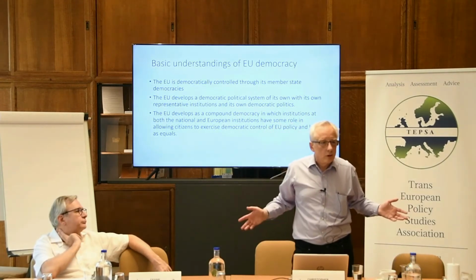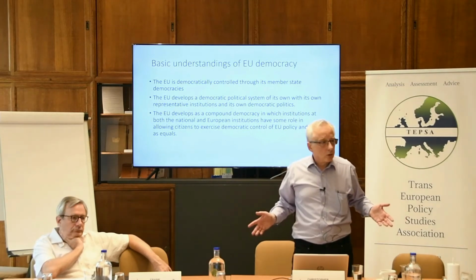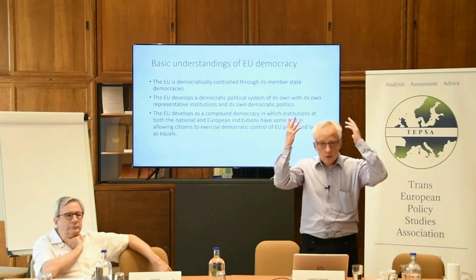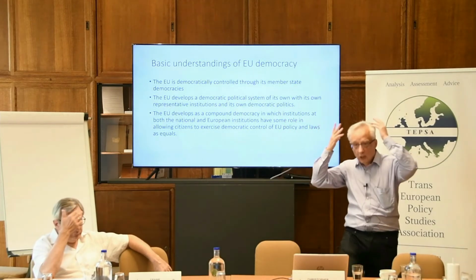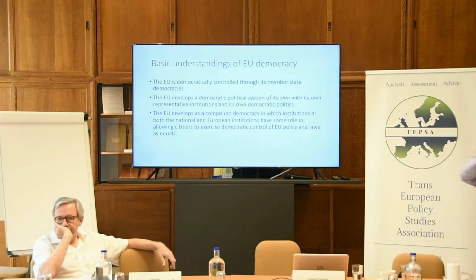Why not just control the European Union through its 27 member state democracies? What do you think? If it's so difficult to construct a democracy at the European level, what's the problem with just controlling the European Union through its component member state democracies?